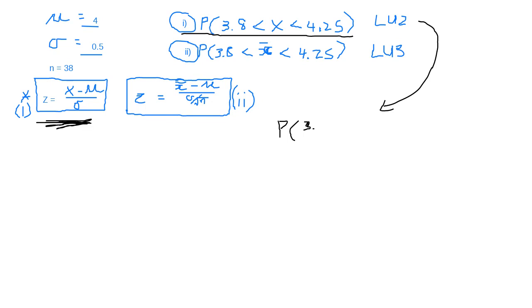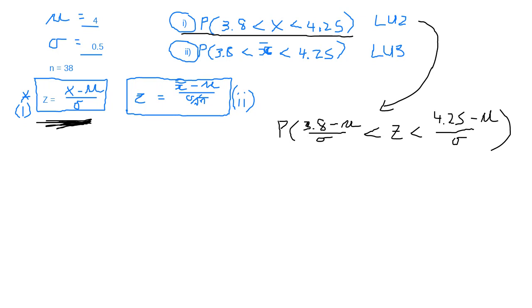So it's 3.8 on the left side minus mu, I won't put the 4 in yet, I'll just write the letters, all over sigma, less than z, less than, on the right-hand side, 4.25 minus mu, all over sigma.